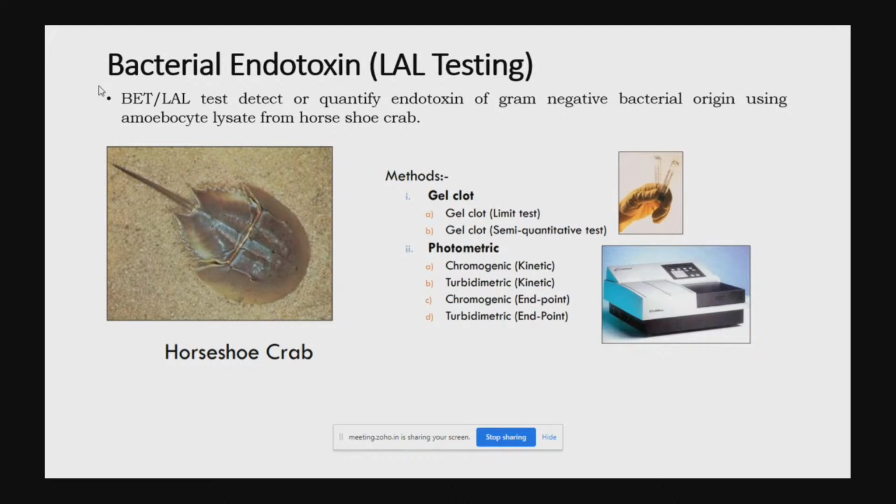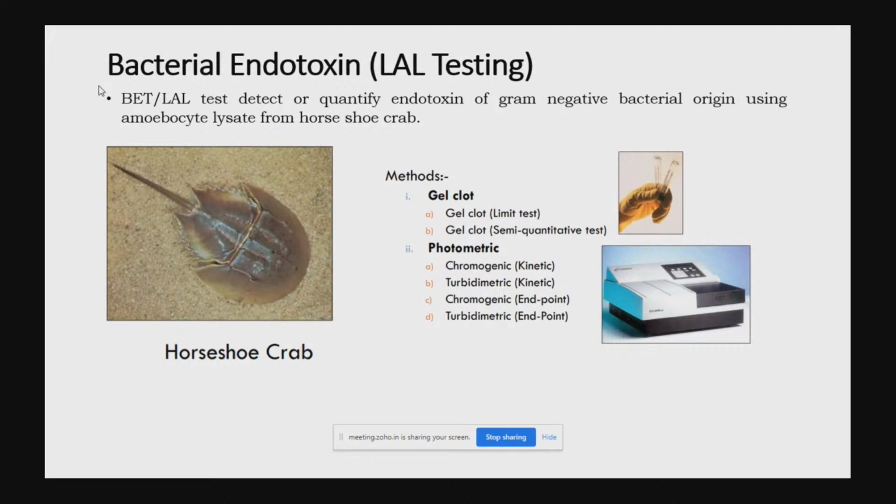Using that control standard endotoxin and lysate, we challenge our product, and we incubate the mixture of that solution at 37 degrees centigrade in a dry bath for 60 plus or minus 2 minutes. After completion of the incubation, we pull out the tubes, invert them up to 180 degrees, and observe whether gel formation has occurred or not.